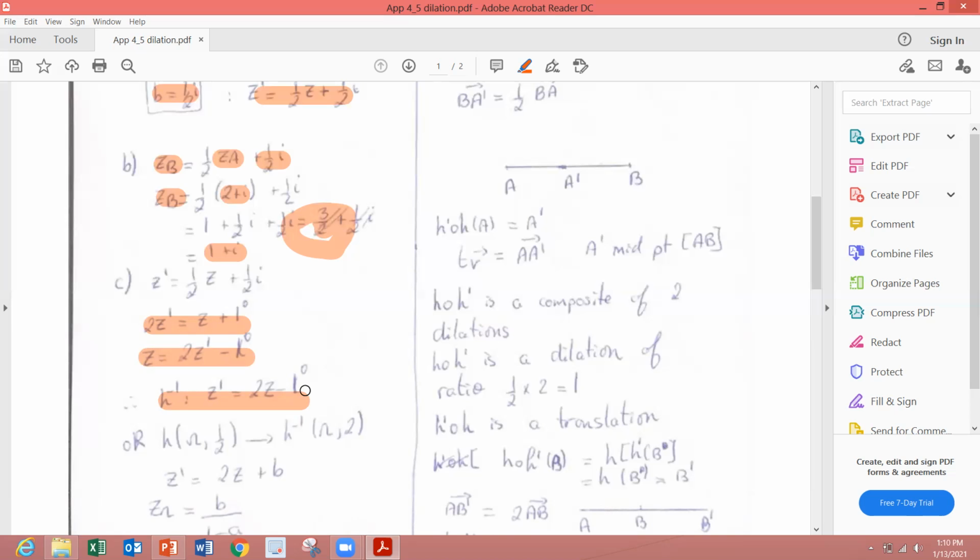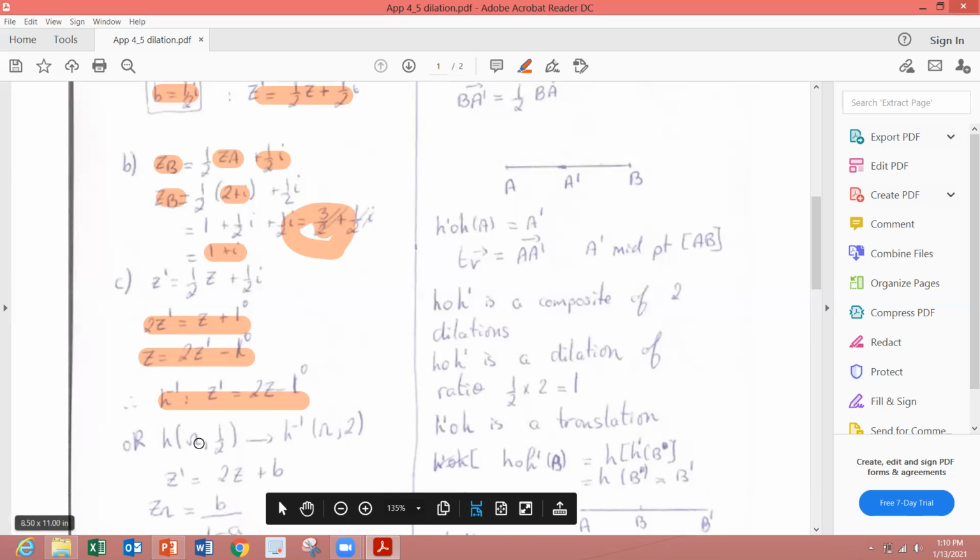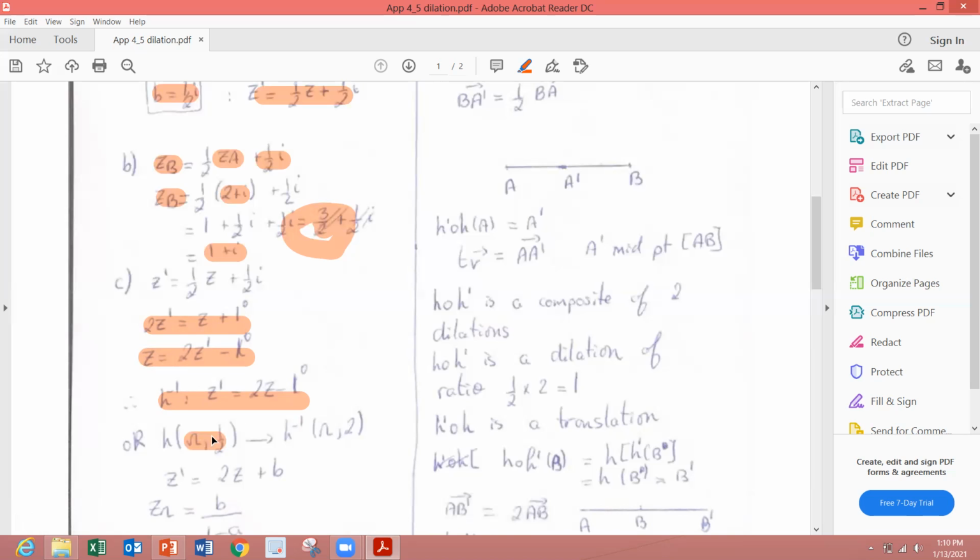Second method. Yesterday, we have seen that if H is omega 2, then H inverse should be its reciprocal. شو reciprocal of half؟ 2.